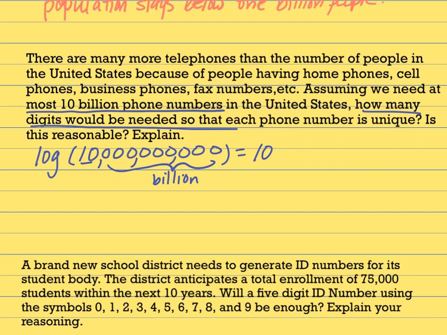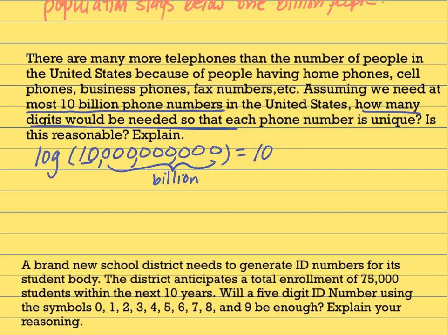And you would need a telephone number that is 10 digits in order to have 10 billion unique phone numbers. Now, phone numbers in the United States, you'd assume they were 7 digits. However, all of your phone numbers in the United States have a 3-digit area code. So our phone numbers are all 10 digits.